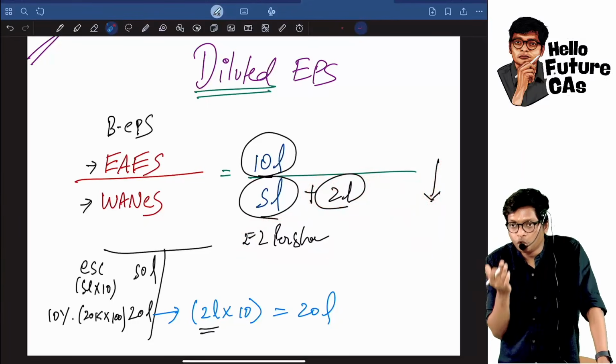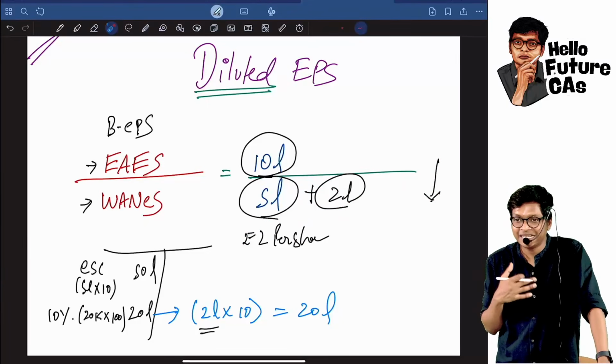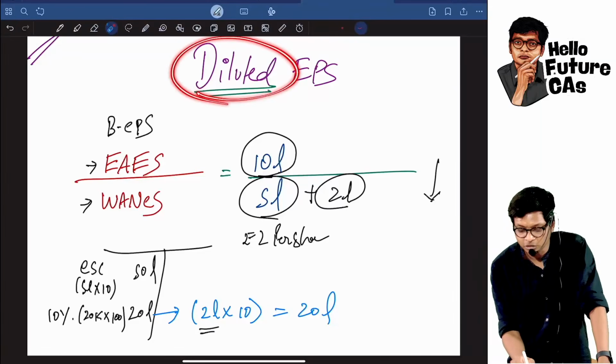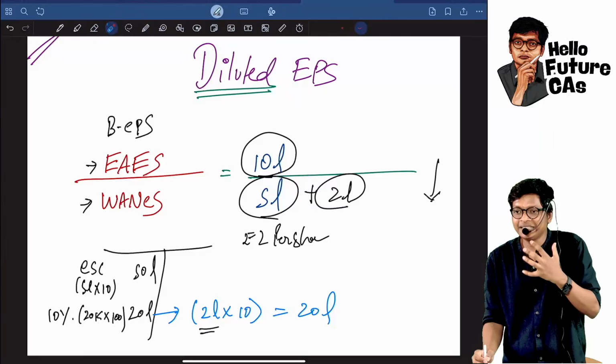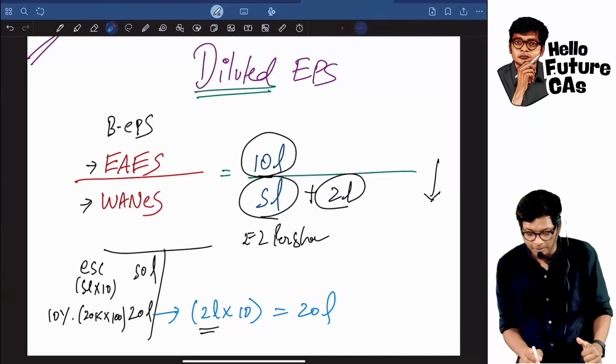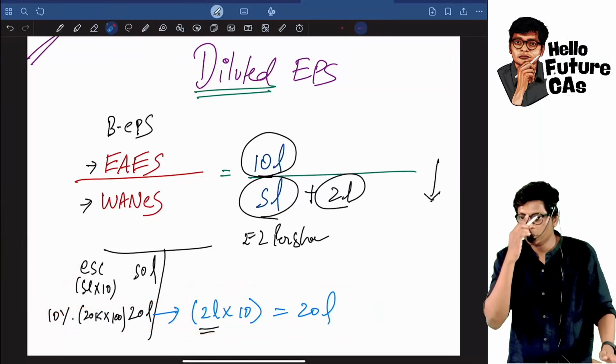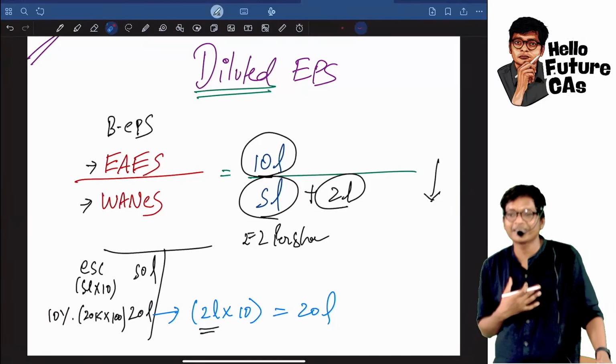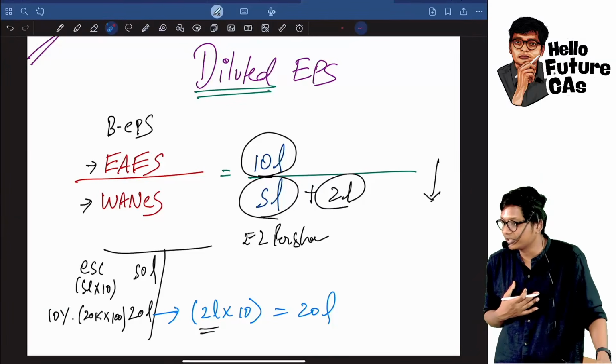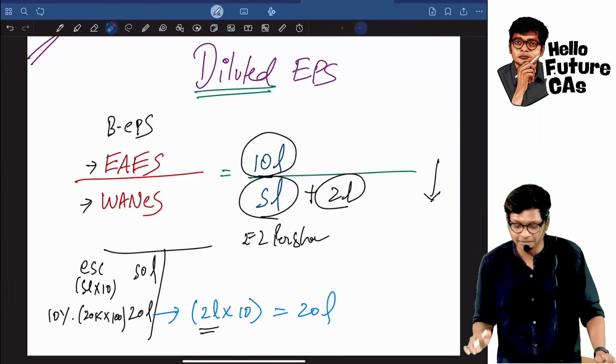Knowing this, why do you want to keep the surprise? Tell the shareholders, disclose to them diluted EPS, saying that your earnings is going to dilute because these debentures are going to be converted to equity shares. Therefore, you have to sacrifice a little more. This is what they are saying in diluted EPS case.